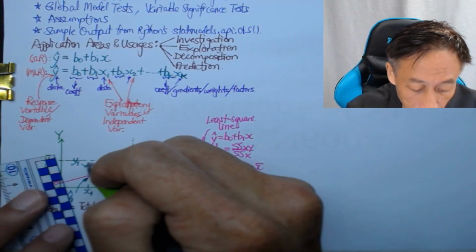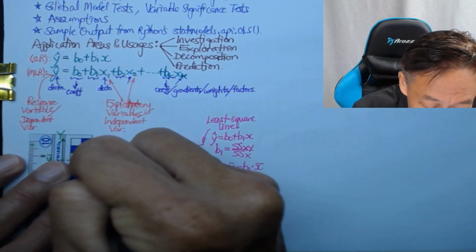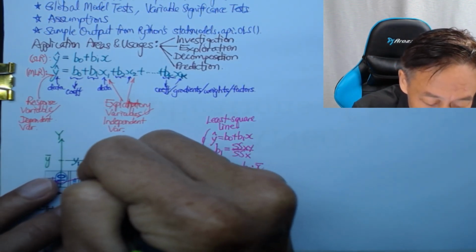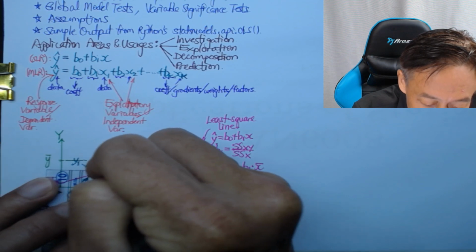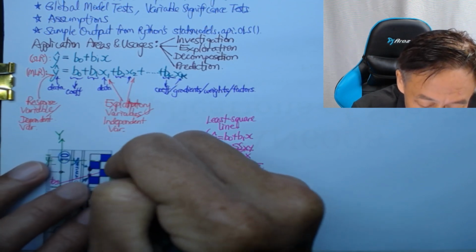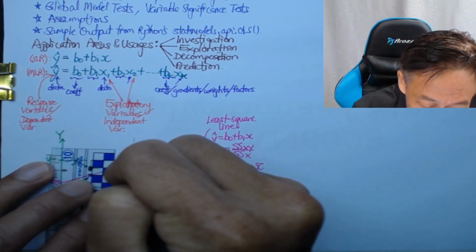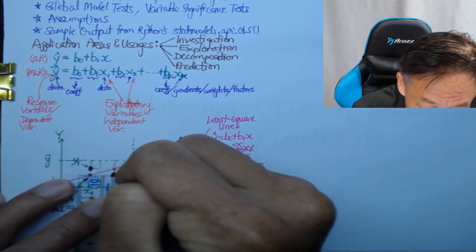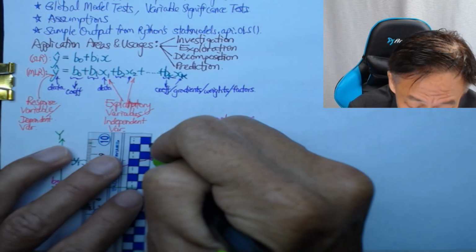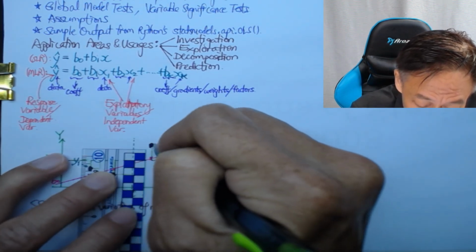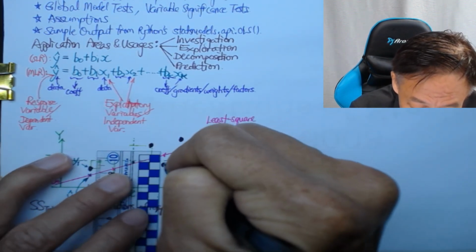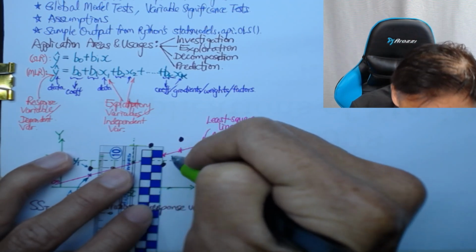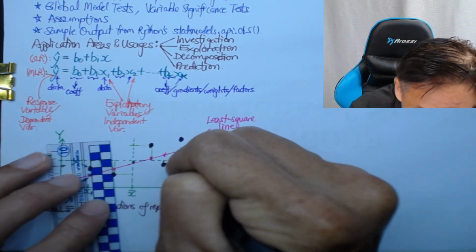We take y bar as the standard, take the vertical difference from the data point, and then square it.